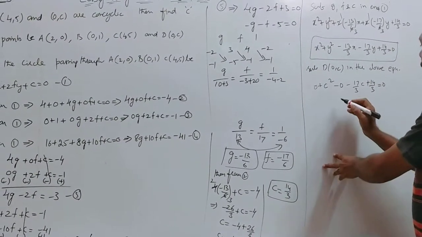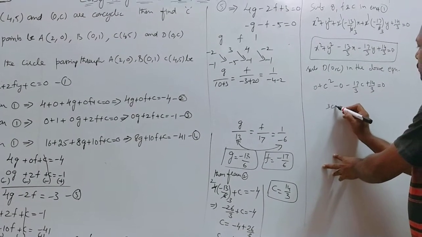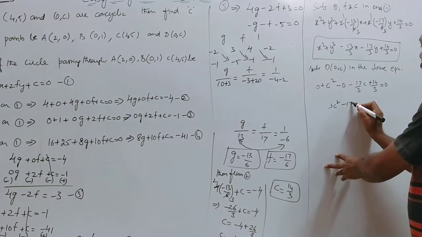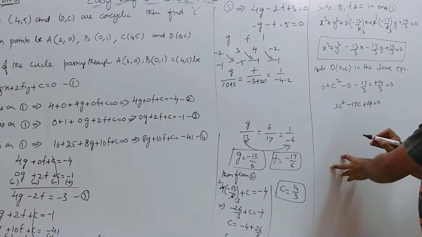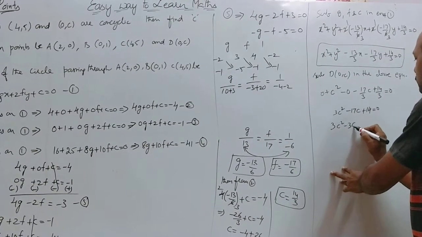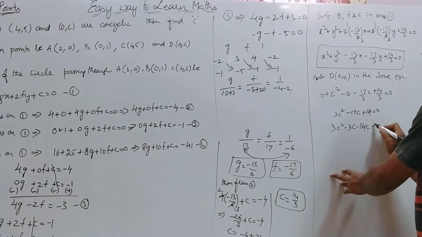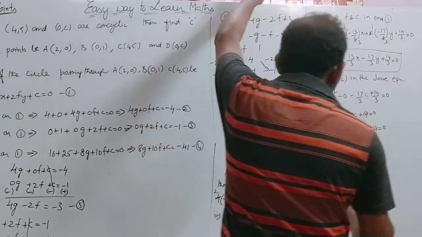Then simply here the LCM is 3. Therefore, 3C square minus 17C plus 14 is equal to 0. Let us solve. Therefore, 3C square minus 3C minus 14C plus 14 is equal to 0. Taking 3C common here.